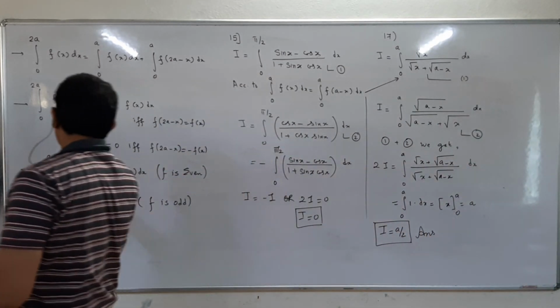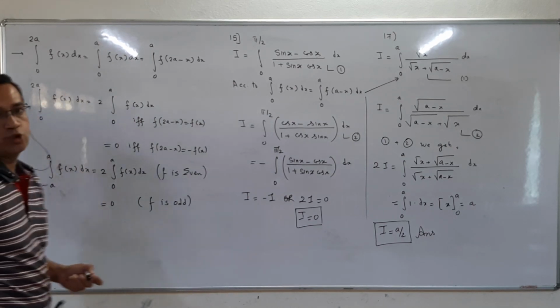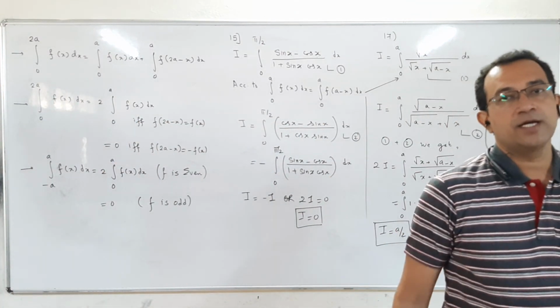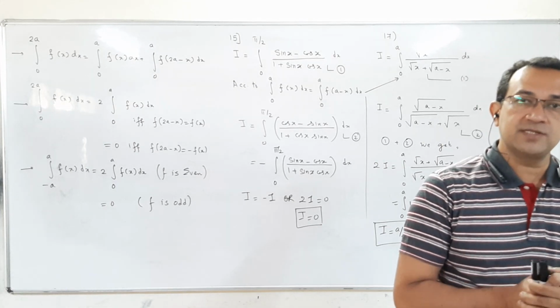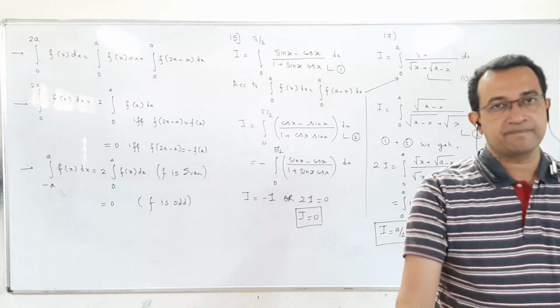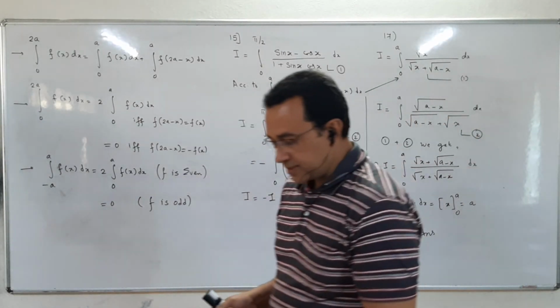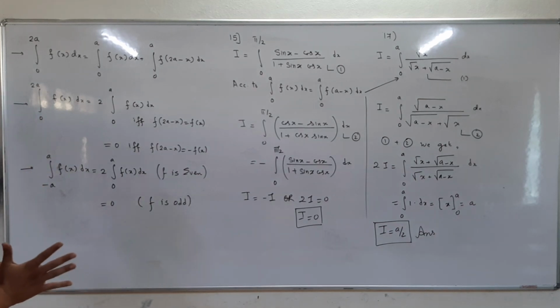So these three properties, especially even odd properties and this property, 0 to 2a of f(x) dx is twice integral 0 to a of f(x) dx, provided f of 2a minus x is equal to f of x. And it is 0 provided f of 2a minus x is minus f of x. So students, pay attention.